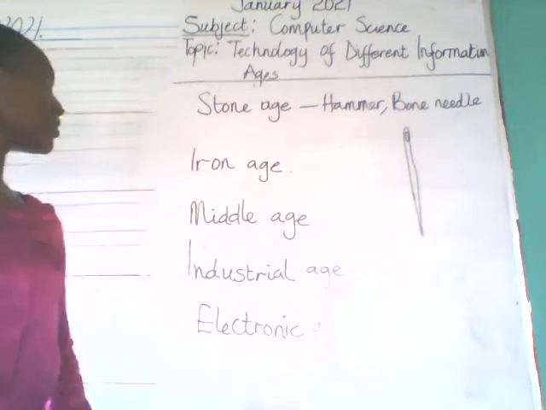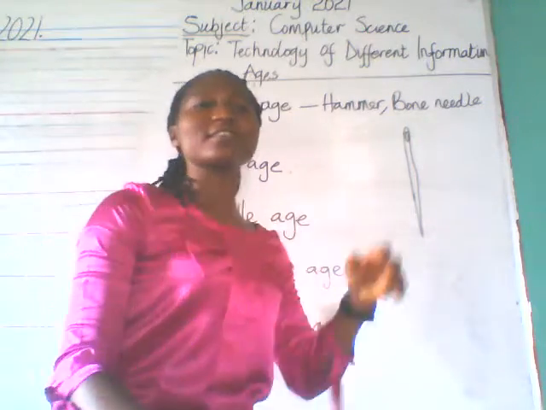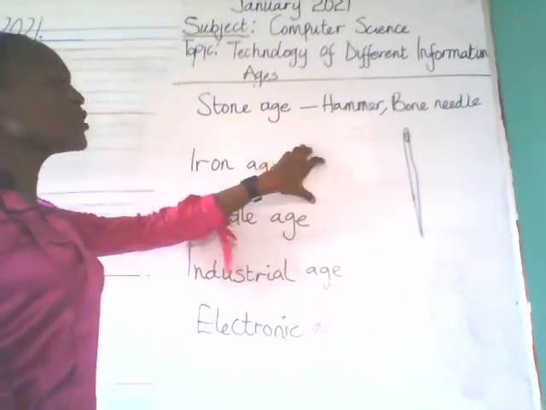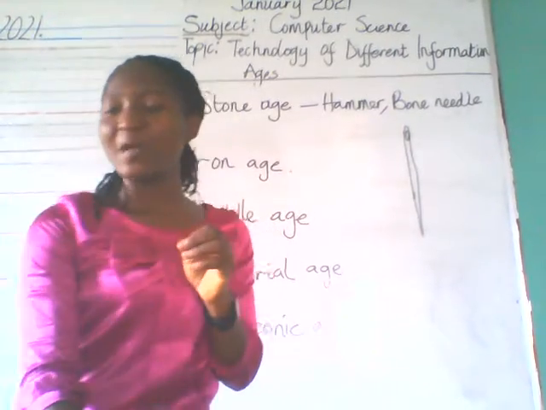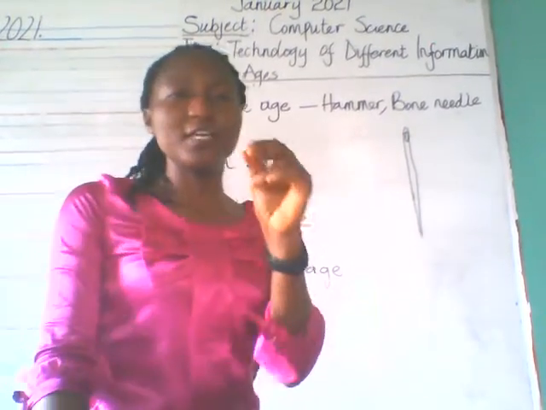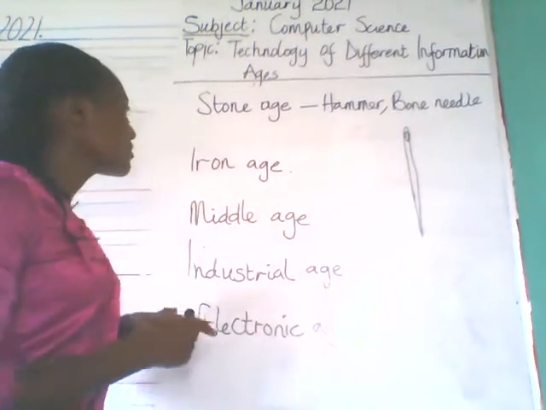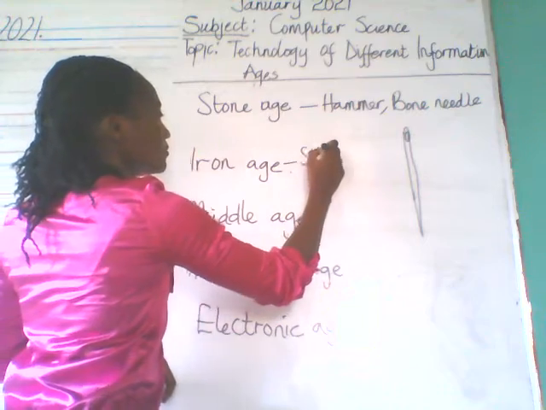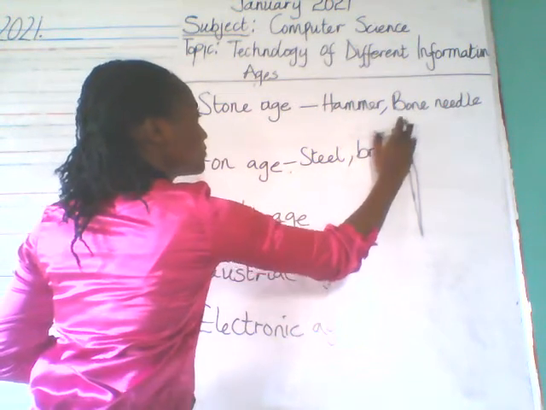Now let's go over to the second one, the Iron Age. In this Iron Age, they made use of steel and iron, such as steel and bronze.